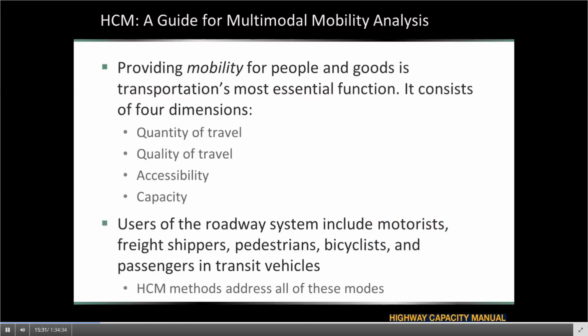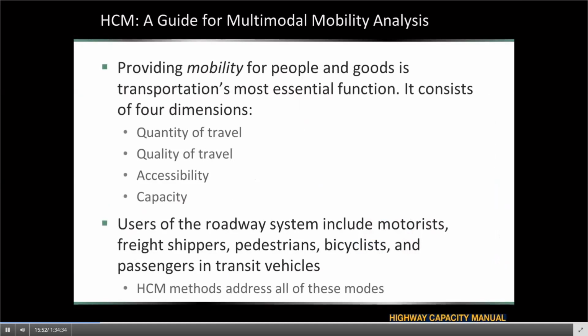Roadway transportation practice has evolved from a focus on constructing the interstate highway system from the 1950s to the 1970s to managing a complex transportation system that serves a variety of users and travel modes. Providing mobility for people and goods is the most essential function of the transportation system.